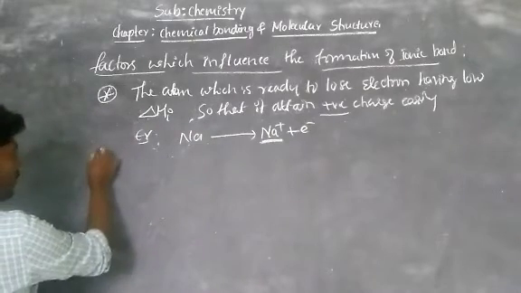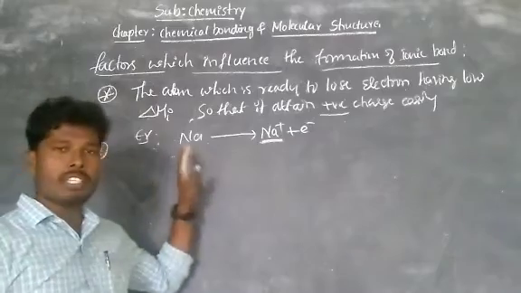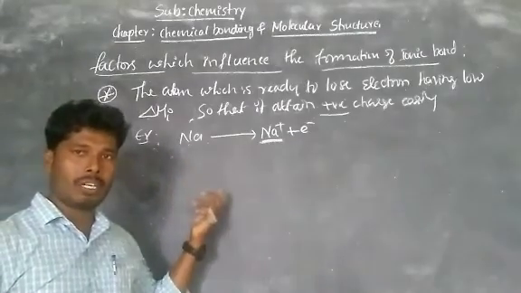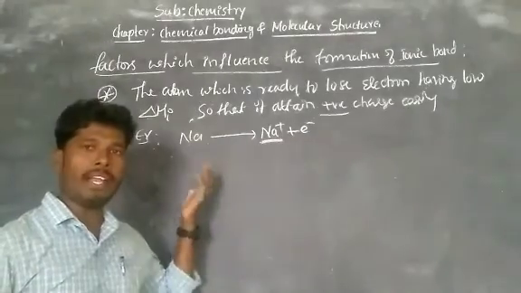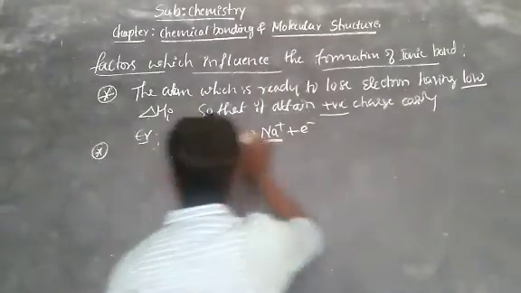Then the second one is the atom or the element which is ready to gain electron, having high electron gain enthalpy. This one has low ionization enthalpy.